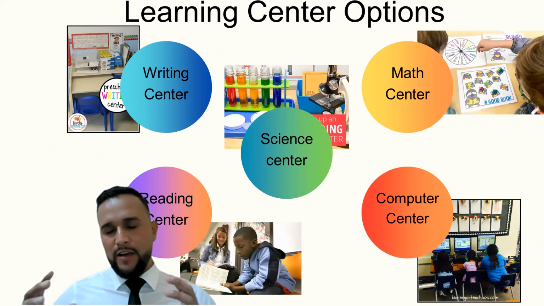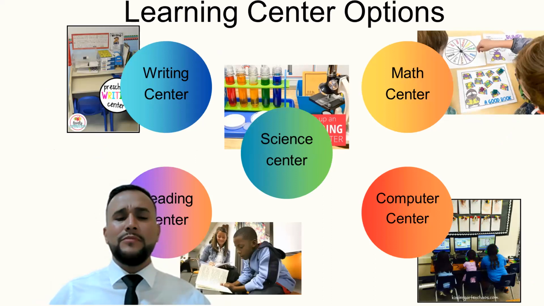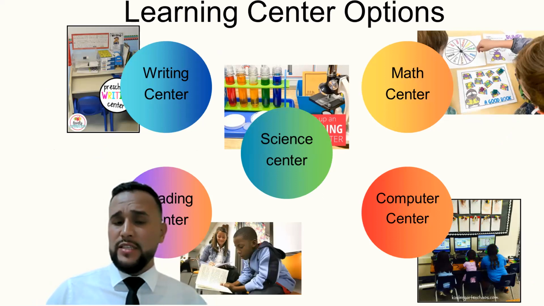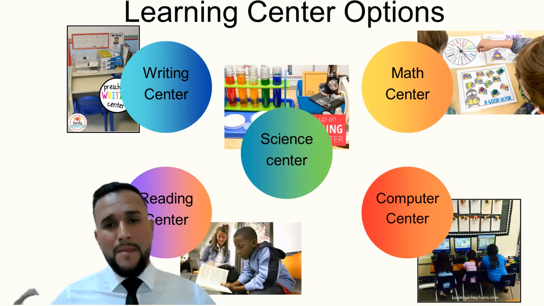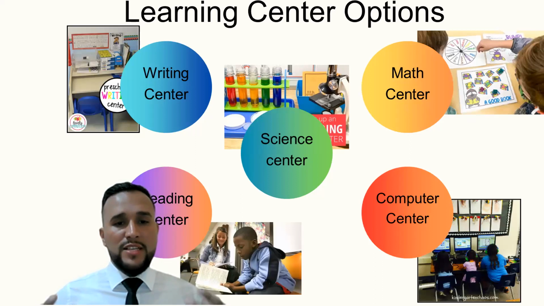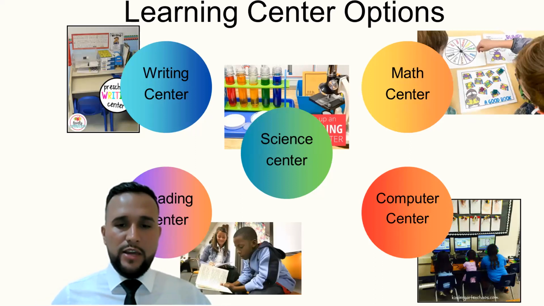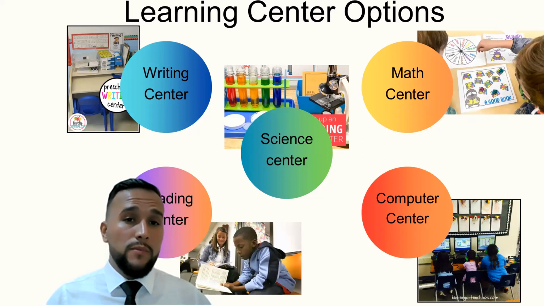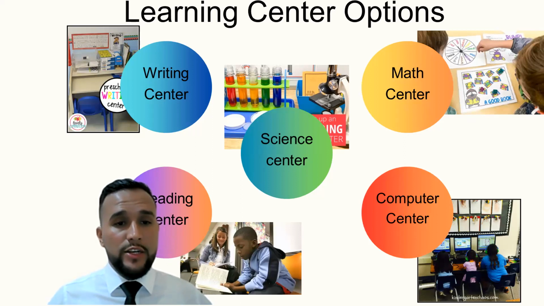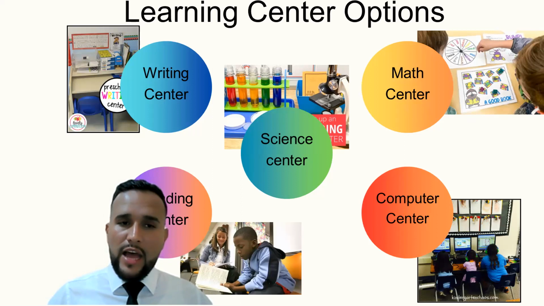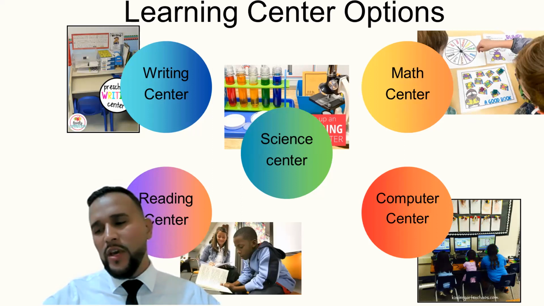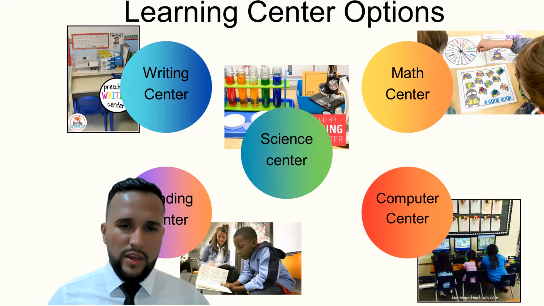You have 5 different circles. One, you set up a writing center, in the other one, a math center, in the other one, a science center, a reading center, and a computer center. These are actually the most common centers in a classroom because you can do so many things with them.